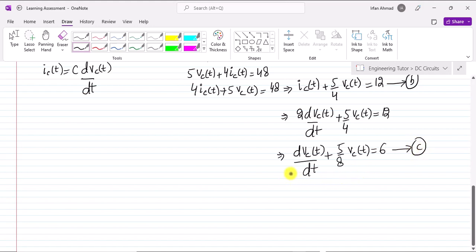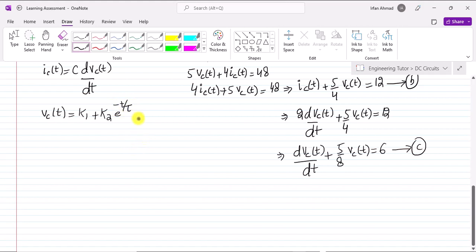Now this equation C is basically a first order non-homogeneous equation, and we have to find the solution of this equation as well. As we already know, the solution will be Vc(t) equal to k1 plus k2 exponential of minus t over tau.